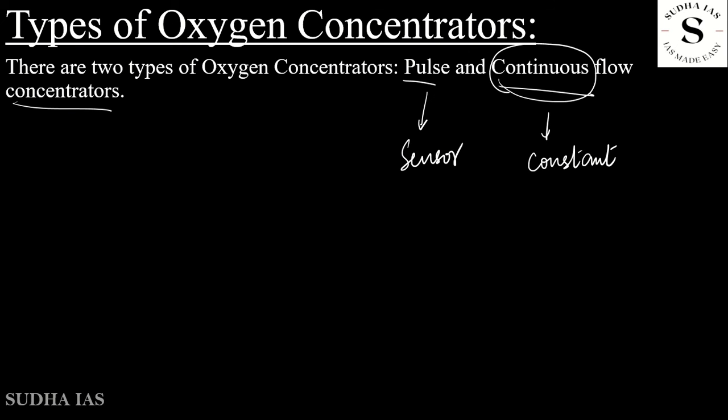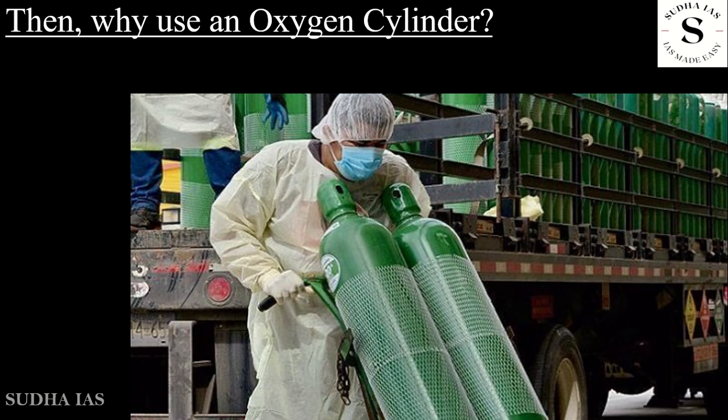The other question that might creep in is, then why use an oxygen cylinder? The thing is, even though oxygen concentrators get the job done in supplying about 80 to 90% pure oxygen, in severe cases of respiratory illness, it may be necessary to supply 99% pure oxygen.